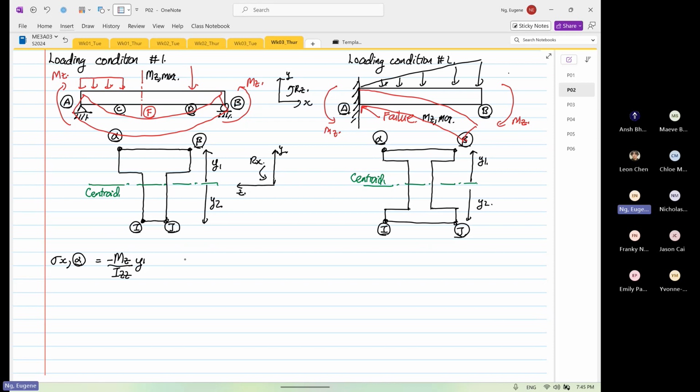And also, if you look at stress X at point beta, the formula is also the same. When the formula is the same, the stress state is the same. So from here, we realize that stress X alpha is equal to stress X at point beta. This is the condition for symmetrical.